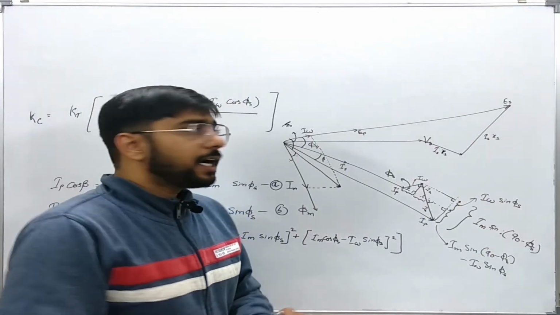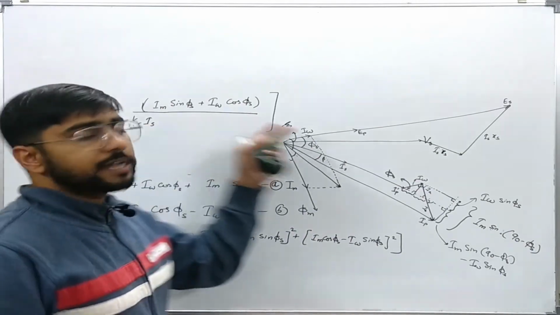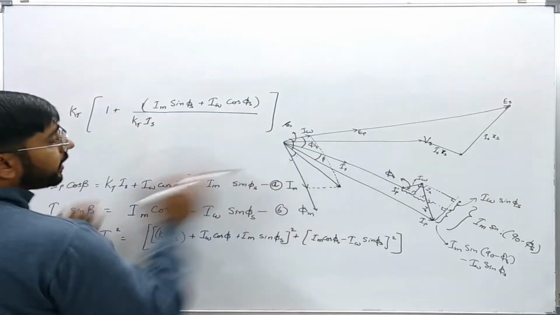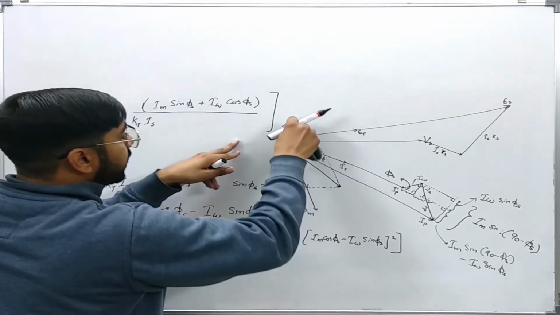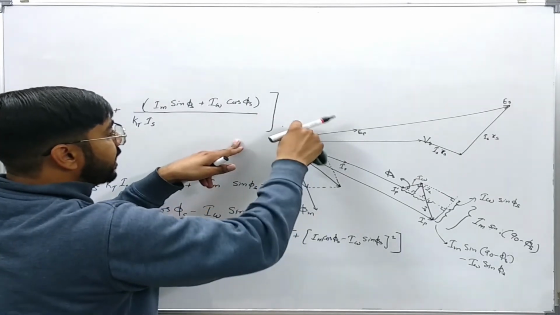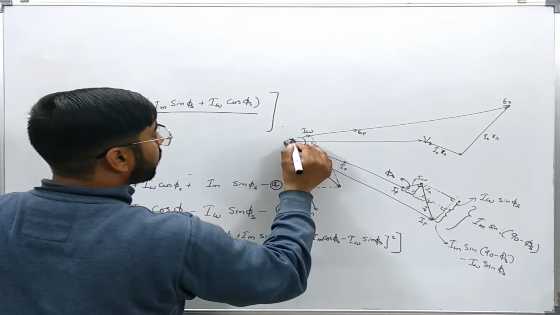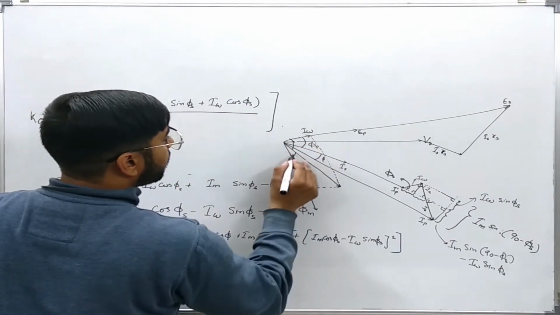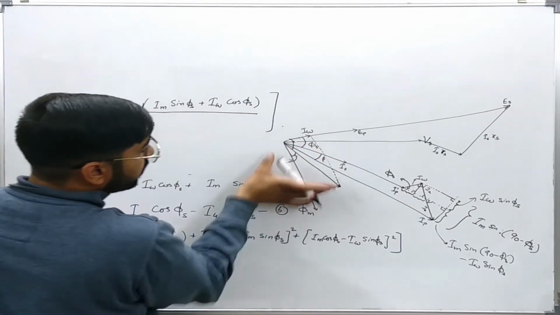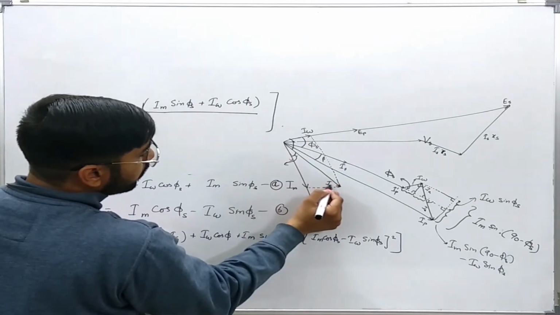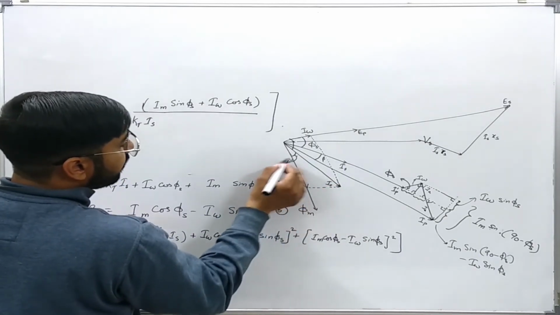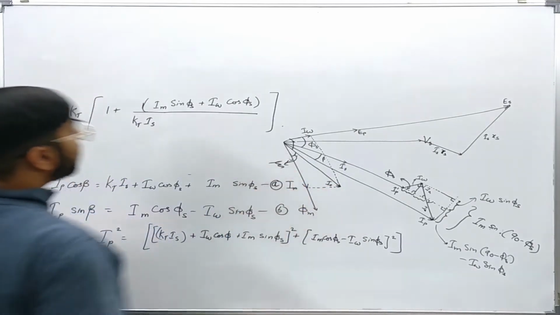Now let us see how to simplify further using the hysteretic angle. This hysteretic angle I have defined a little bit incorrectly. It is defined as the angle between the magnetization component and the no load current. So the angle between the no load current IO and this IM is the hysteretic angle zeta.